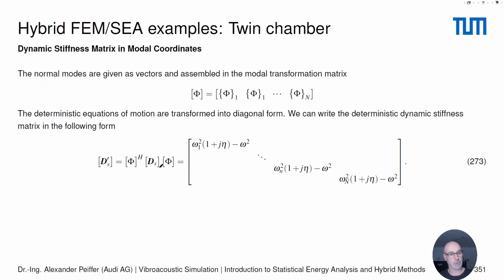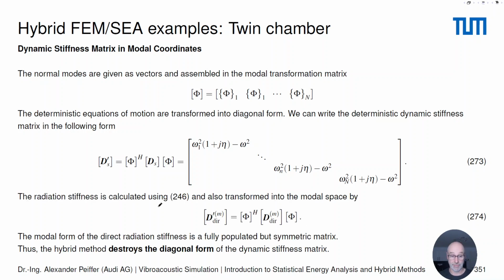Using this matrix to transform the stiffness matrix of our mechanical system, in this case the plate, we would get this diagonal version, which is the reason why we are using modal condensation, because it simplifies the equation. However, for the other matrices, like for example the radiation stiffness matrix, if we use the modal transformation here, we will not have such a diagonal configuration.